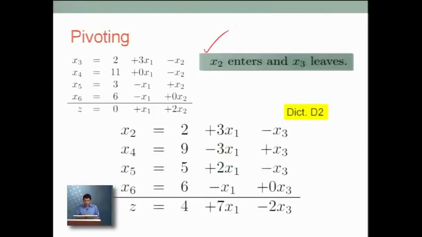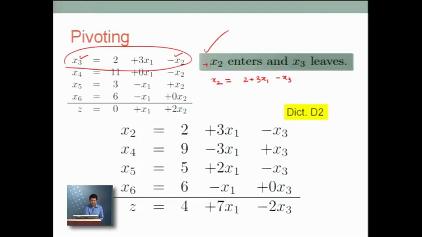And our goal is to compute a new dictionary. How do we compute a new dictionary? If x2 enters and x3 leaves, we look at this row. This has both x2 and x3, and we invert this row. So this row can be inverted to say x2 equals 2 plus 3x1 minus x3.